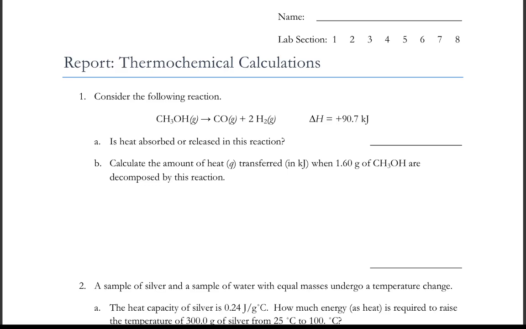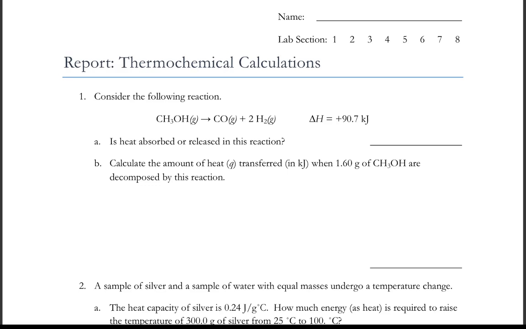Based on the fact that it's positive, decide if the heat is absorbed or released. And then you calculate the amount of heat transferred in kilojoules when 1.60 grams of CH3OH are decomposed by this reaction.